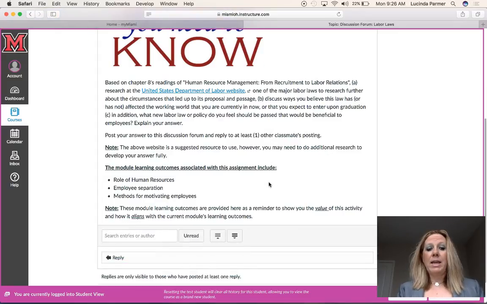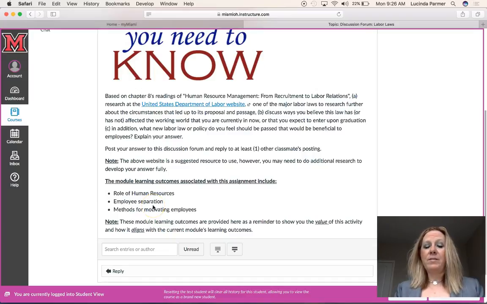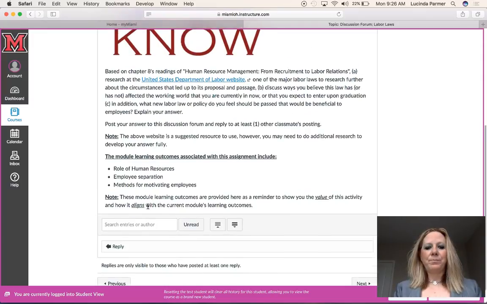Then here you see the learning outcomes. This shows you how this activity is aligned with the module objectives and the learning objectives of this course and of this particular chapter and module. So again, you don't have to answer these. It's just there to help you see how everything aligns and ties together.